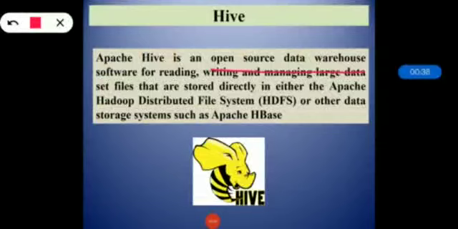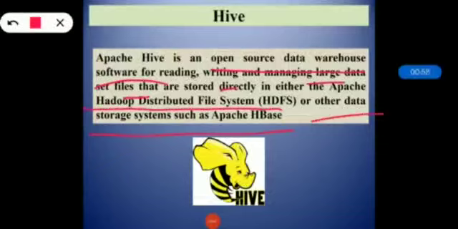Apache Hive is an open source data warehouse software for reading, writing and managing large data files which are stored directly in either Apache HDFS, that is Hadoop Distributed File System, or other data storage systems such as Apache HBase. The data warehouse offers organizations the ability to gather and store enterprise information in a single conceptual enterprise repository.